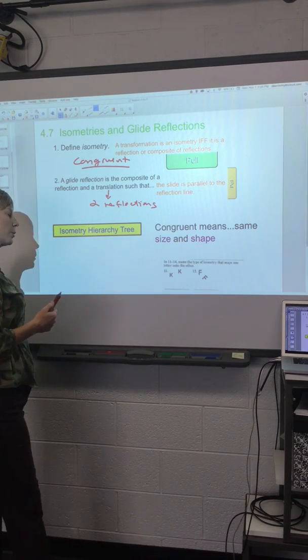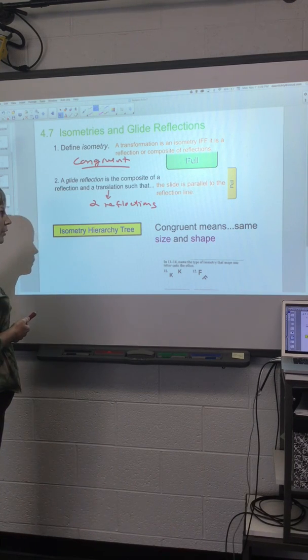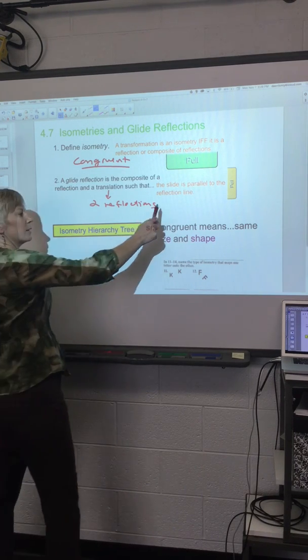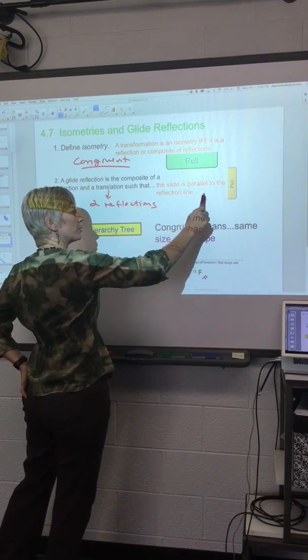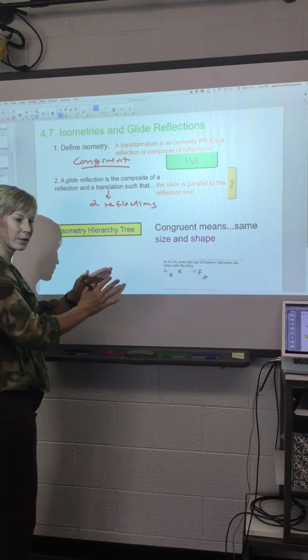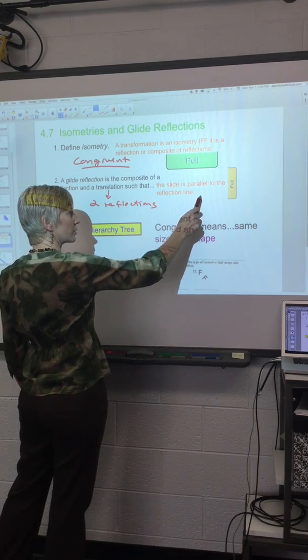You can think about what that would do to the orientation, which is another important thing here. We're going to talk about vectors later on, but it's parallel to the line of reflection, and that's part of what our vector situation is about, the direction that it's going to go.